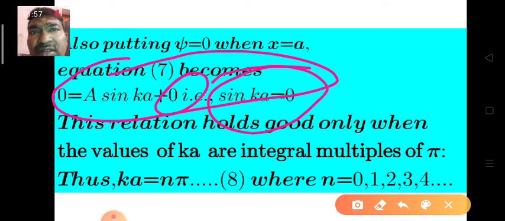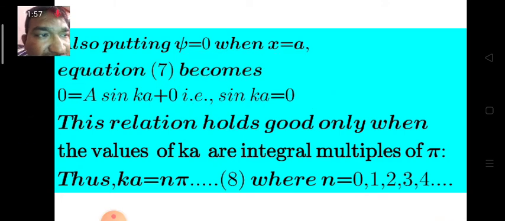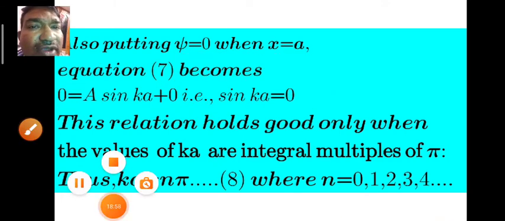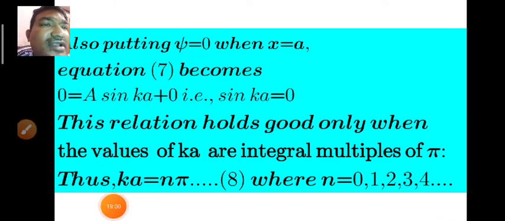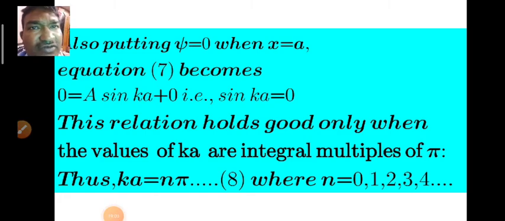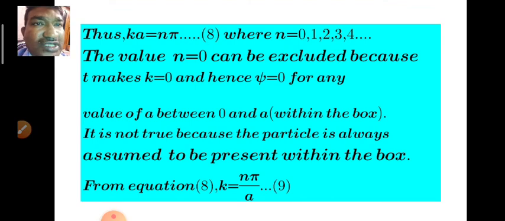So n may be 0, 1, 2, 3, 4 and so on, integer values, but it never takes fractional values. So this is the important point we have derived: ka is equal to n pi.